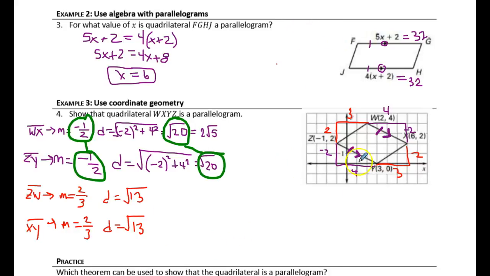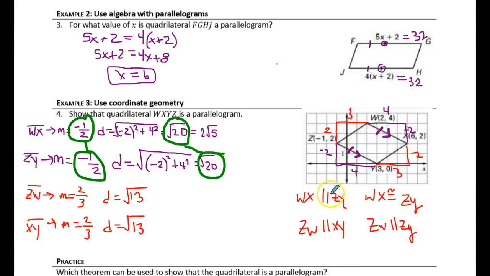So I can definitely say that this is a parallelogram because WX is parallel to ZY, WX is congruent to ZY. Additionally, ZW is parallel to XY, and ZW is congruent to XY.